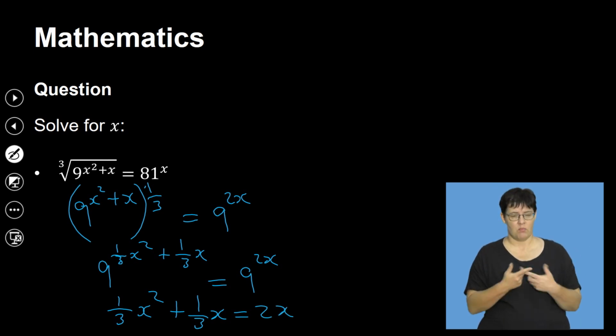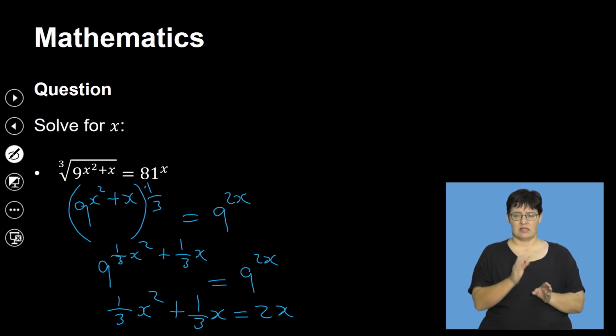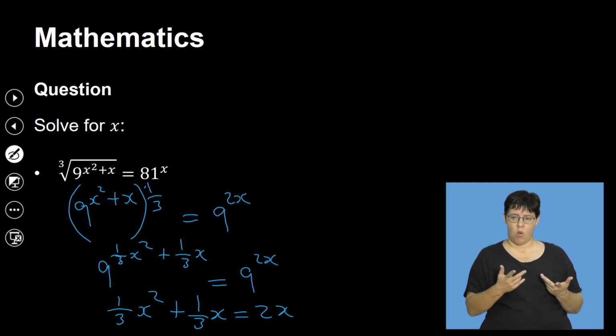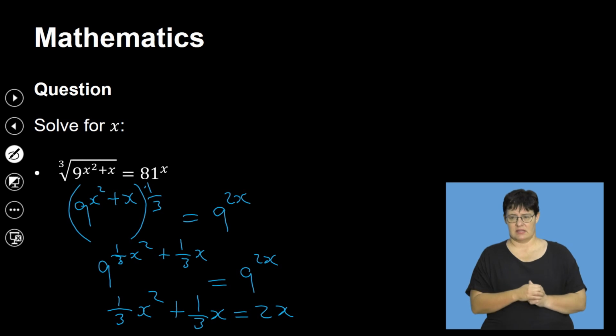And then you can then start simplifying from there, right? You can just start by taking out x as a common factor or dividing everything by x, and then you solve it.